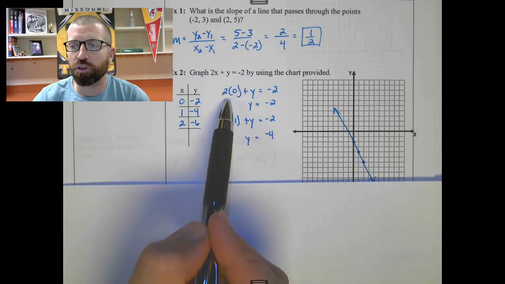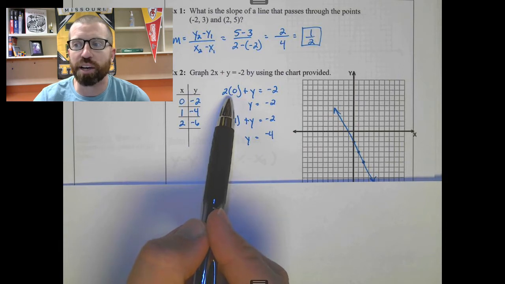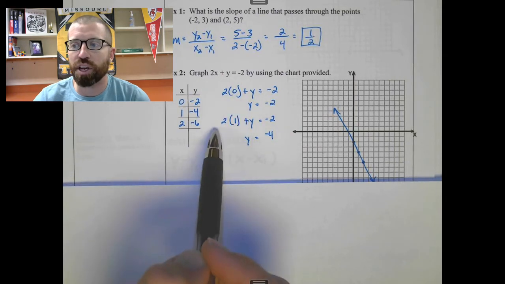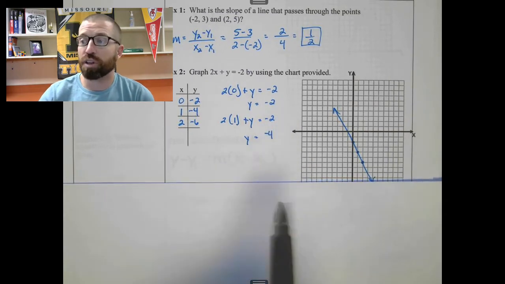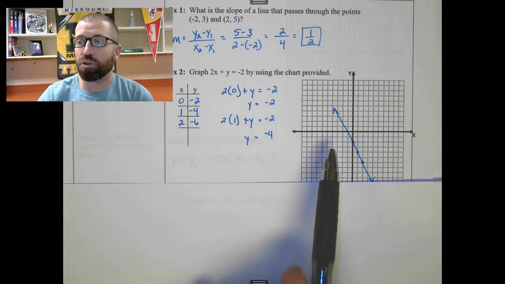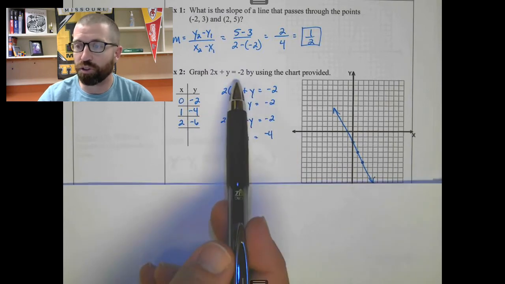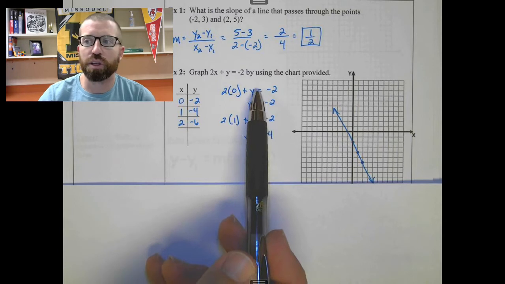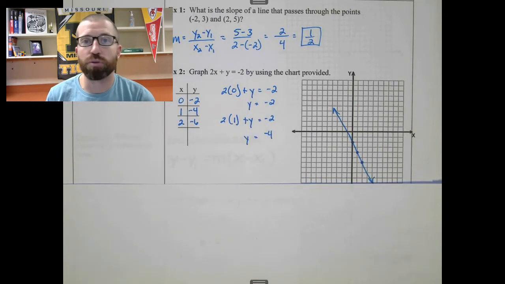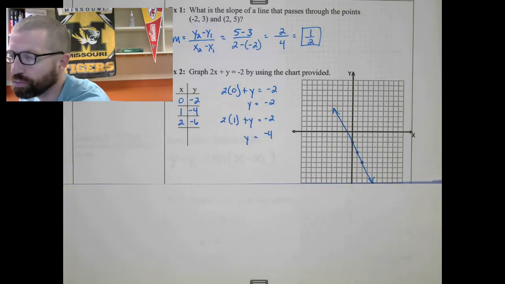But you can also just plug the number directly into x and simplify, and in this case, solve by subtracting 2 from both sides. You also can notice the line has a y-intercept of -2, which matches this, and a slope of -2 as well, which is true when you solve for slope-intercept form.